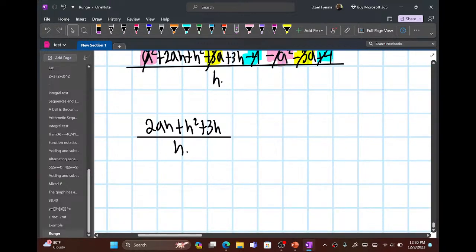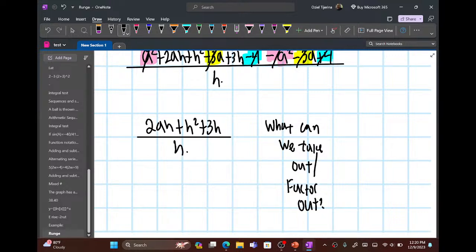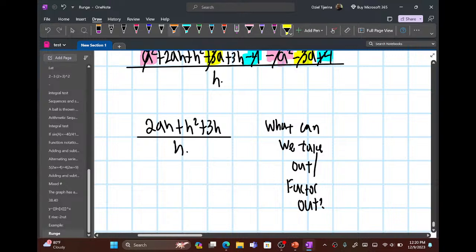Okay, so now we want to look at what we can take out or factor out. If you look very carefully, there is an h in common with all of these.